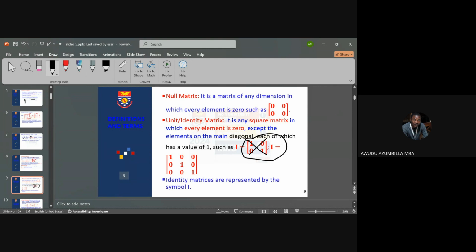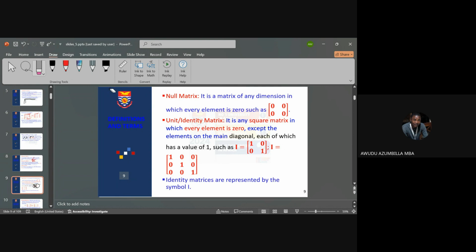Or we can simply call this the principal diagonal, and this the off diagonal. So any matrix that has the main diagonal being 1, 1, and the off diagonal being 0, 0 is what we call an identity matrix.